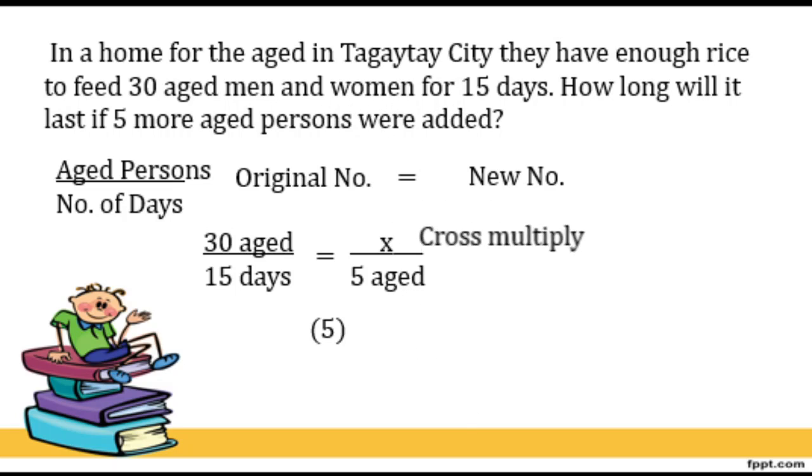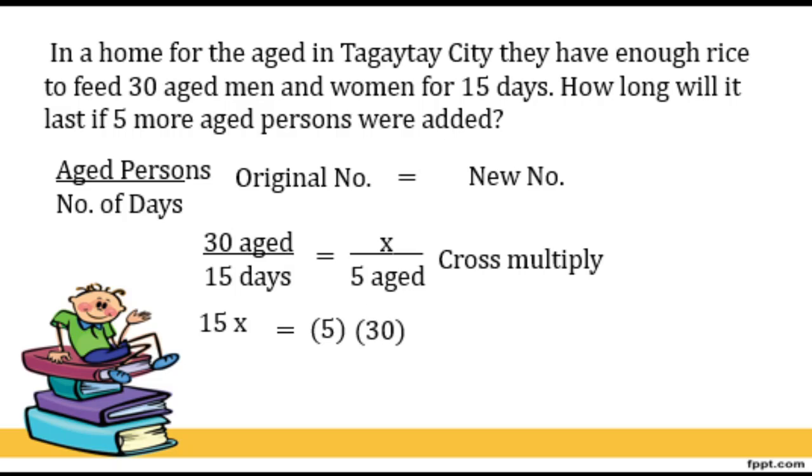That will become 15x is equal to 5 times 30. Where does the 5 come from? Here. Here is 5. 5 times 30 is 150, so 15x is equal to 150.